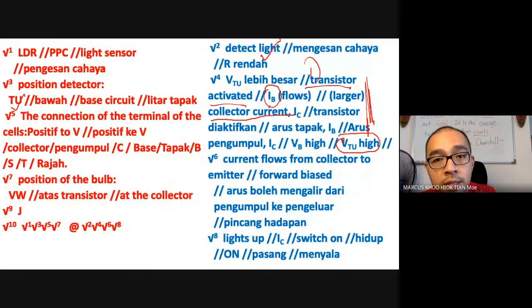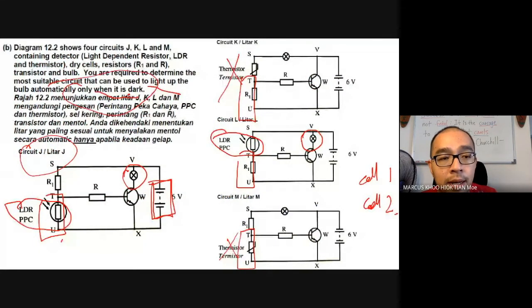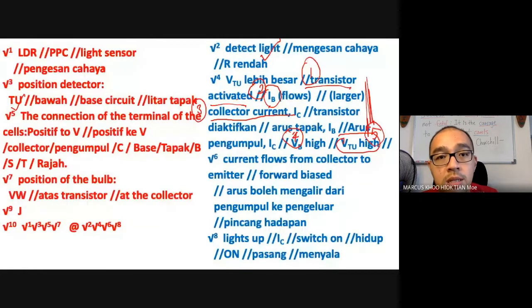There is one reason, transistor can switch on; two, base current can flow; three, large collector current; fourth, base voltage is high; fifth, VTU is high. I mean, base voltage and VTU is the same, right? This is the base voltage. Okay, but any of these reasons will do. But of all the reasons, the easiest is the first one.